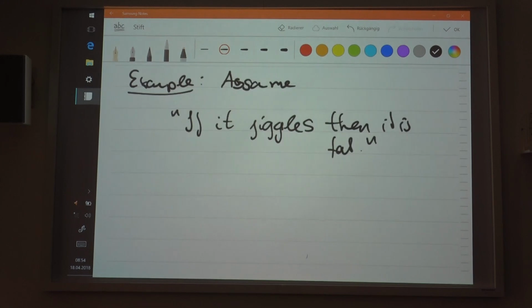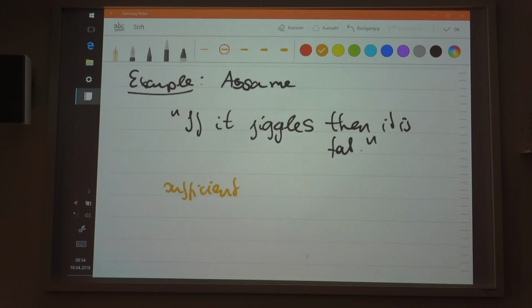So what does it mean from the logical perspective? Anything that jiggles, if you find something that jiggles, then it's sufficient, it's going to be fat. On the other hand, for something to jiggle, it's necessary to be fat, because if it's not fat, then it doesn't jiggle. You understand?